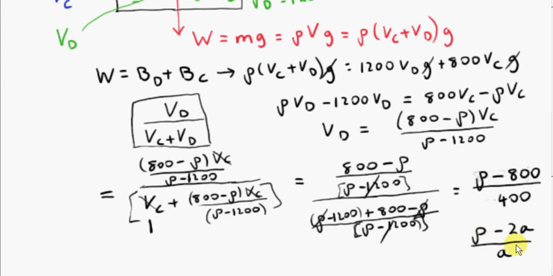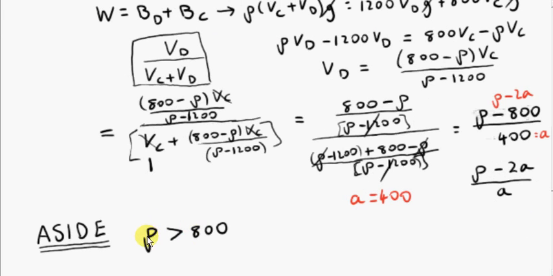So our answer for this fraction, the ratio of the volume of the part of the object in liquid D compared to the total volume, is meant to have the form rho minus 2a divided by a, and indeed it does. See, if we let a equal 400, you can clearly see that the denominator is a and the numerator is rho minus 2a. 800 is twice 400.